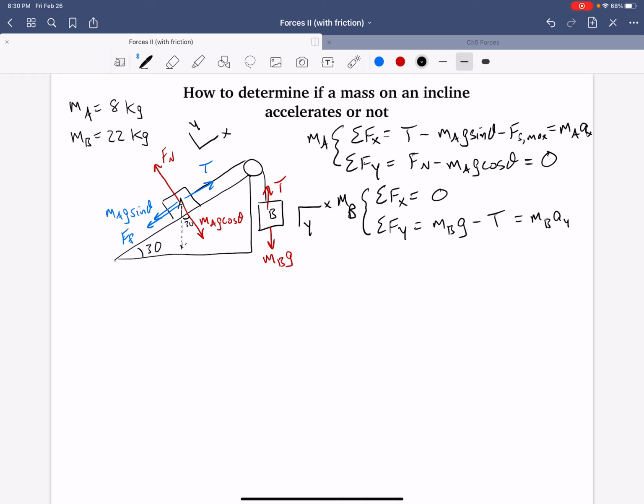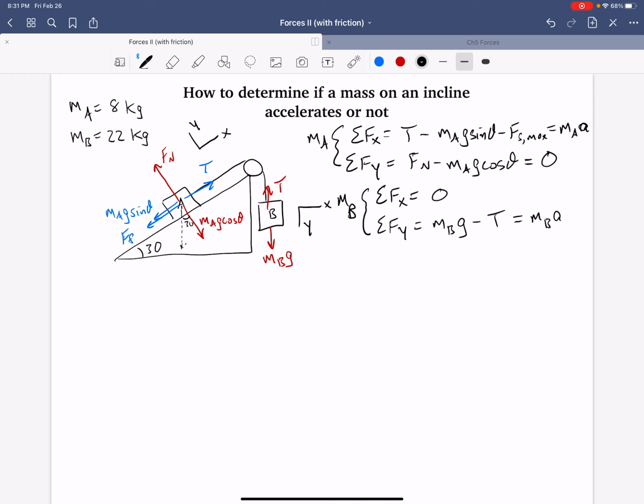Again, we don't know if it accelerates. I'm just writing ma out of habit, in case it may accelerate. Actually, I might as well take away the subscripts, because if it accelerates, then that's really the same direction. There's just the one acceleration.